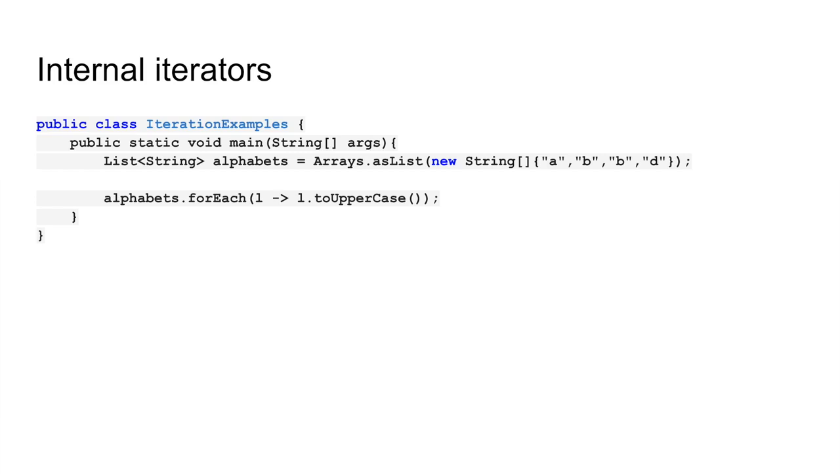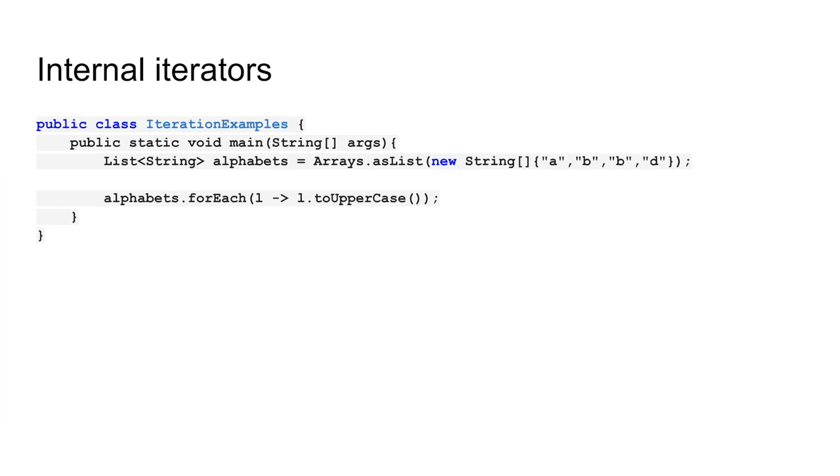Note that it's the list itself which is specifying the sequence in which the elements are iterated over. It's not an external object. The list itself is the iterator. All you have to do to work with this iterator is to specify what is the operation you want performed on every element in this list, which in our case is the toUpperCase.